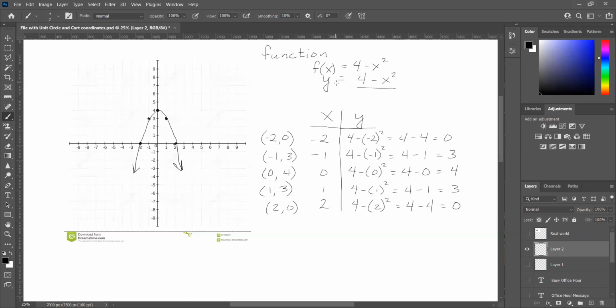We're just highlighting that we have a function. And a function is a very particular term. It actually means for every x, I'm going to use x, but it really means for every independent variable, there is one and only one y.